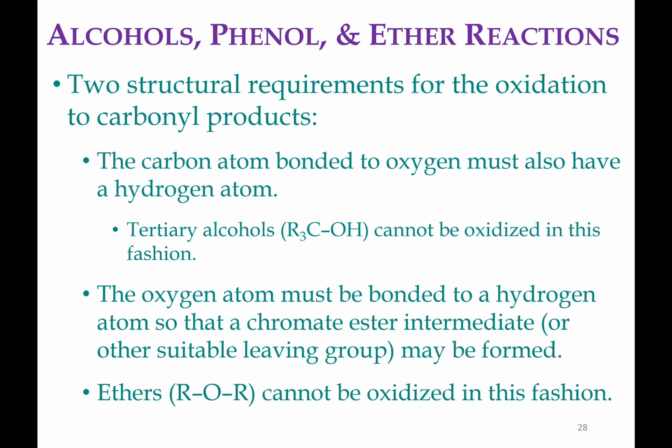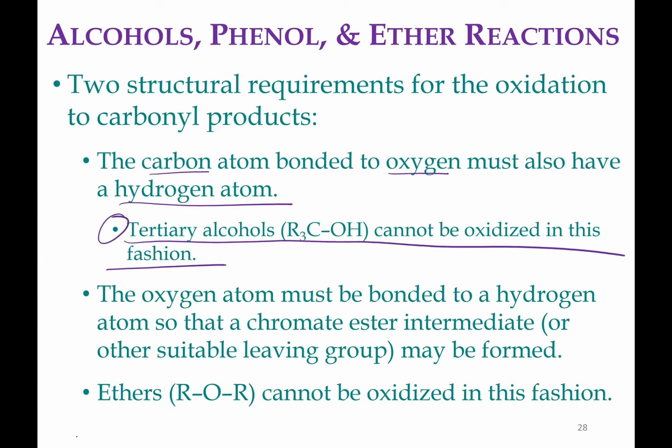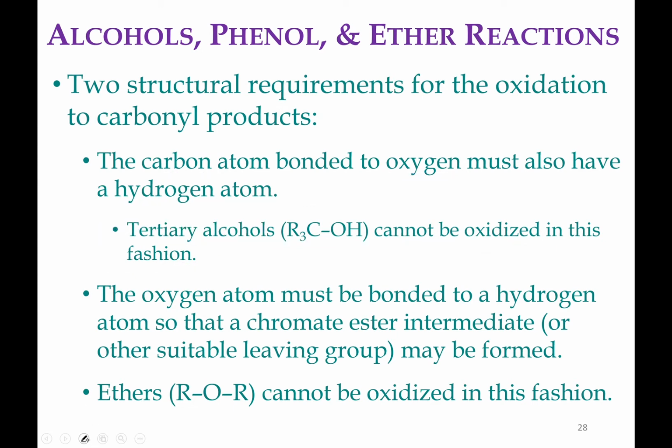There are two structural requirements for the oxidation to carbonyl products. Again, the carbon that's bonded to the oxygen must also have a hydrogen. This is why tertiary alcohols cannot oxidize in this way. They must have a hydrogen, and tertiary alcohols do not have a hydrogen, so they can't undergo this type of oxidation.